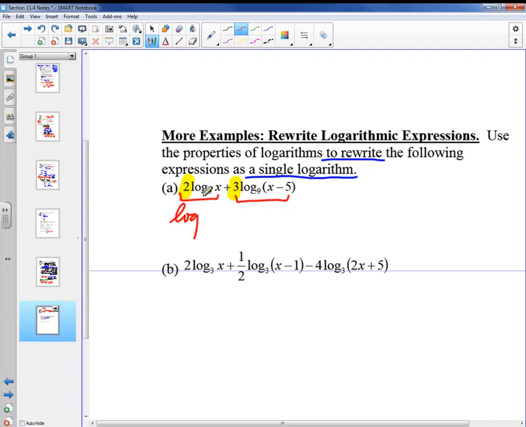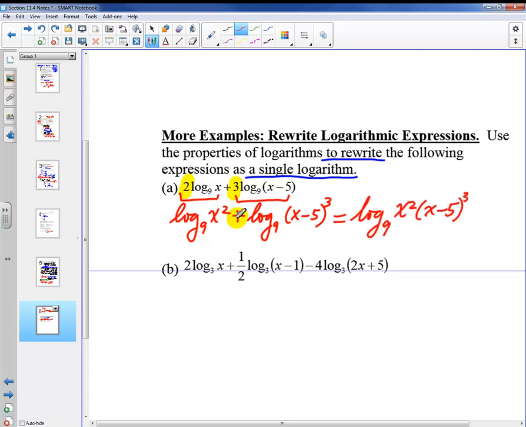So that would be log base 9 of x squared plus log base 9 of x minus 5 raised to the third. Then we take care of the addition, that's the next operation, and that becomes log base 9 of x squared times the x minus 5 cubed. And in algebraic expressions like that, there's no need for parentheses for the whole thing, but if you feel more comfortable putting parentheses right there, that will be okay.